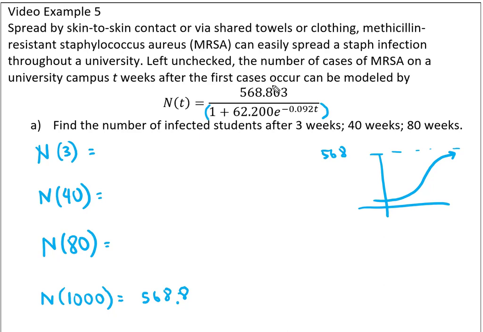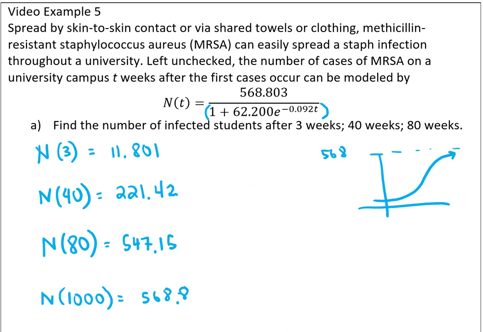And then when I put these values in the table, N(3) gave me 11.801. N(40) gave me 221.42. And N(80) gave me 547.15. Let's look back at the question.